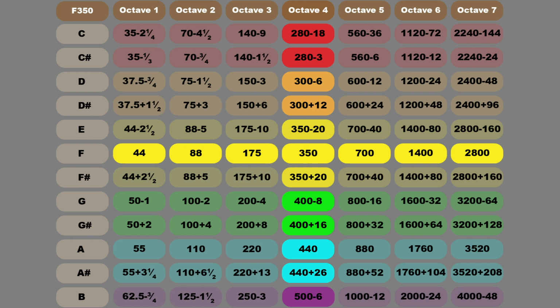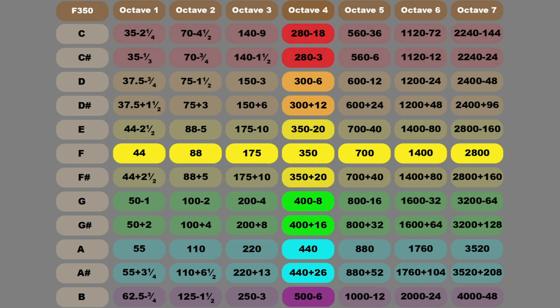So then if you go up, you'll be at A sharp 6, then it's 1760 plus 104, etc. And then if you want to go down, you would just subtract. So A sharp 4 is 440 plus 26, so you go 220 plus 13, and you want to go down to the second octave, A sharp 2, that's 110 plus 6.5. That's exactly how it works. So you can take this all the way down to the 0 octave if you want.